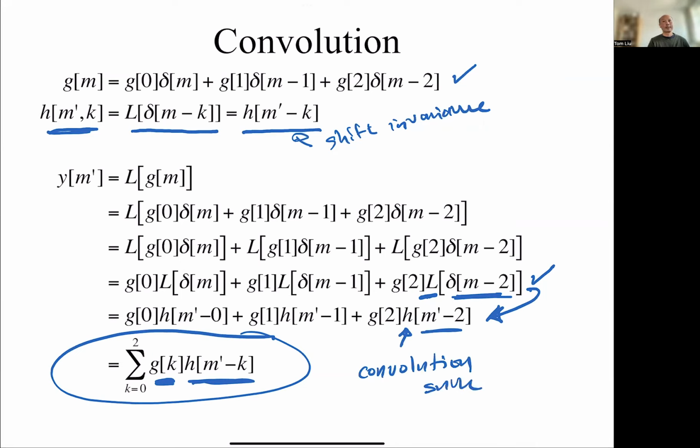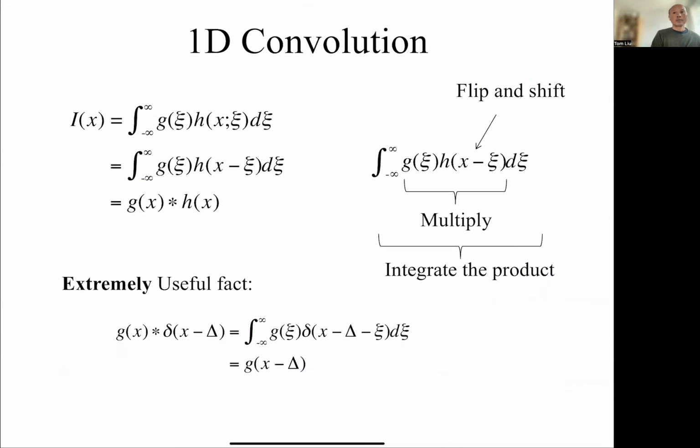All right, so that's an important concept to have. Okay, so in 1D, we can just make the summation an integral, and then we also have a d xi here. So the form is the same. I have g of xi, h of x minus xi.